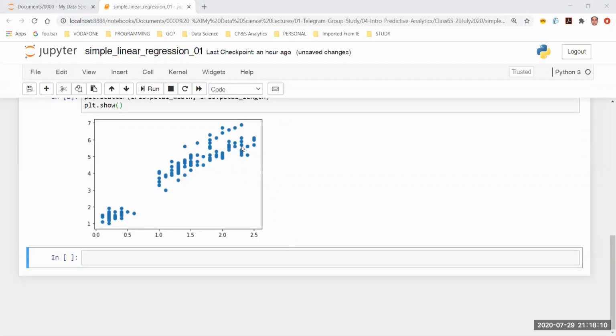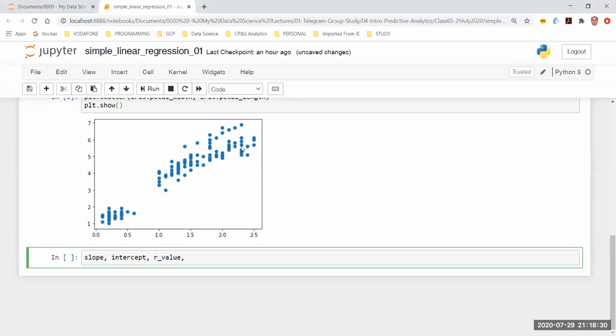Now, the outcomes. When I execute linregress, it gives me as an outcome several variables. First is slope. Second is intercept. Third is the R value, the value of R, not R square.